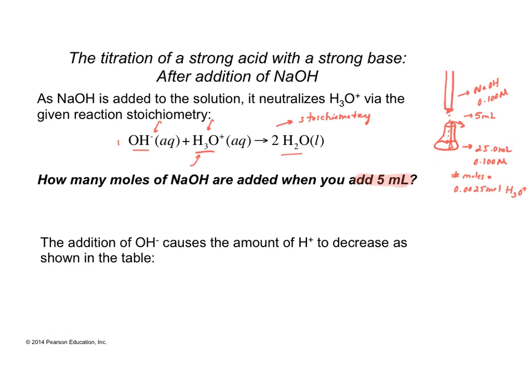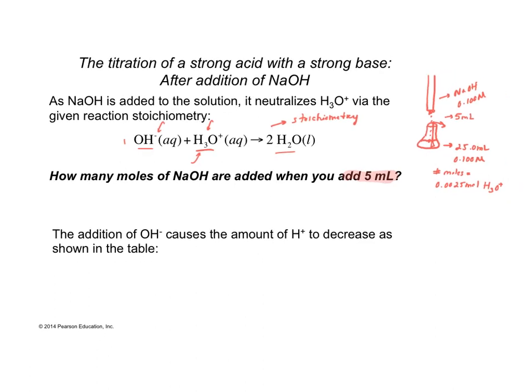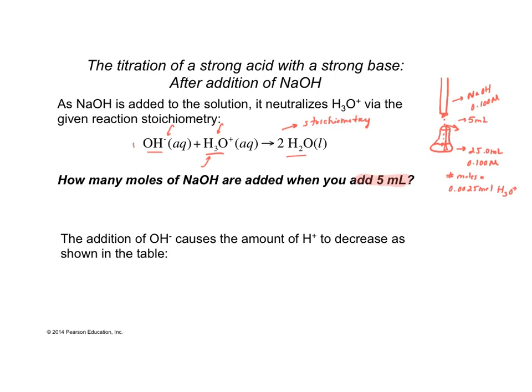To move into this type of stoichiometry-based problem, we first need to calculate how many moles of sodium hydroxide we have added when we have added 5 milliliters of this 0.1 molar solution. To do that, we'll go back to the molarity. The molarity of this sodium hydroxide solution was 0.1 molar. We're going to calculate the number of moles of hydroxide that we have added when we have added 5 mils.